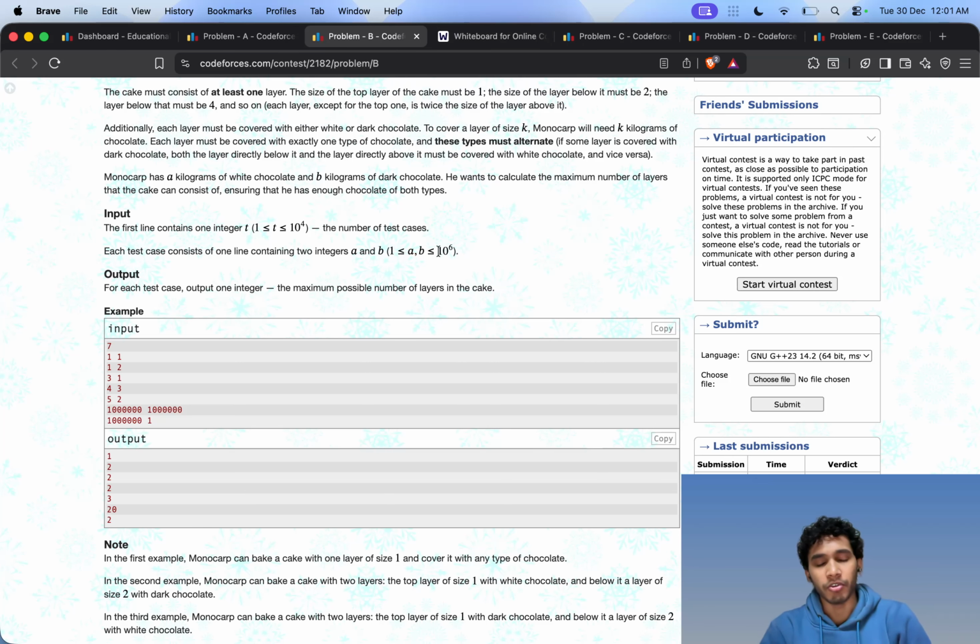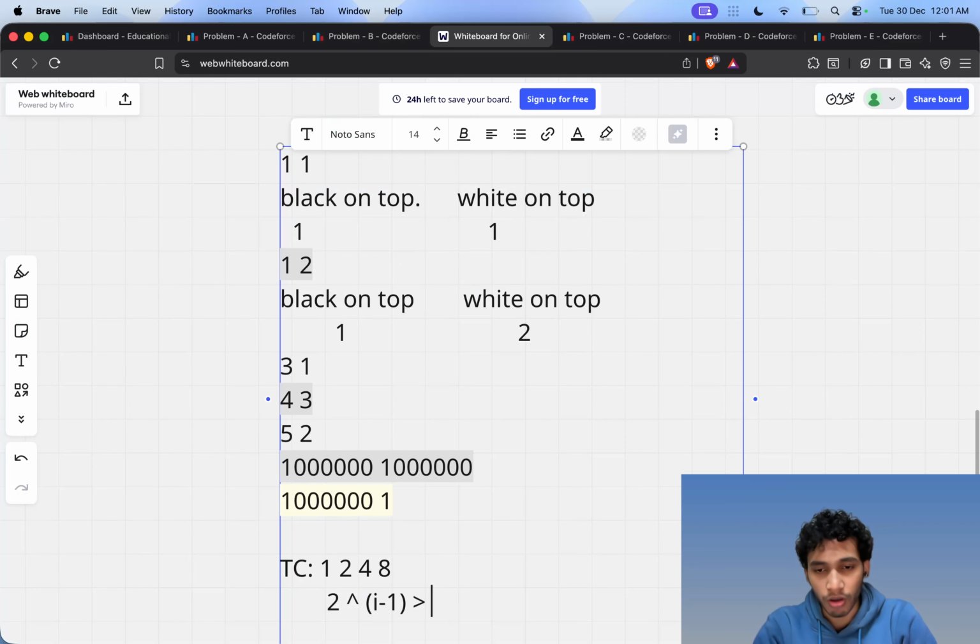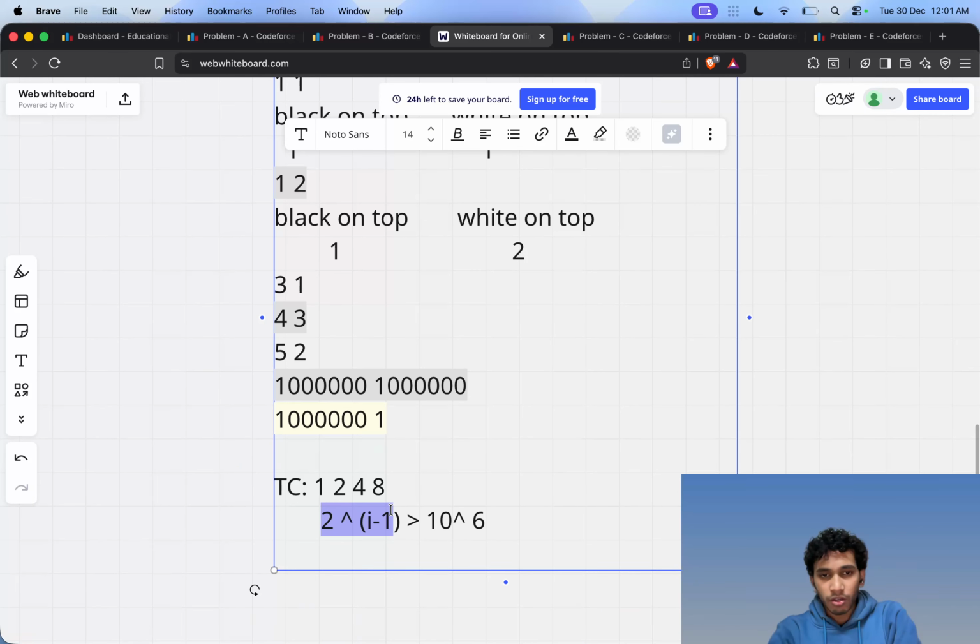So max of A comma B, what will that number be? That number will always be smaller than 1e6, that is 10 to the power 6. So what is the I for which 2 to the power I minus 1 will be greater than 10 to the power 6? Let's calculate.